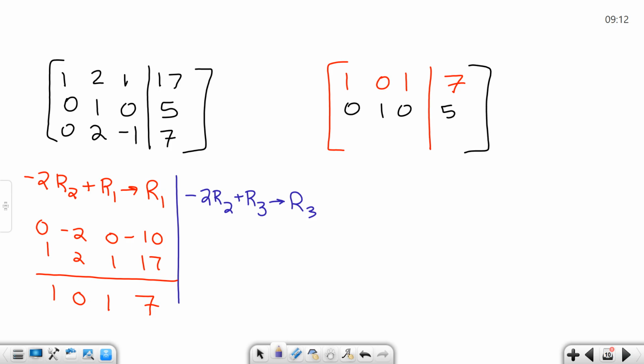Okay, so negative 2 times row 2. Add that to row 1. And that's what I get. So instead of rewriting it all and doing it again, I'm just going to go ahead and work from here. So I'm going to say negative 2, row 2.